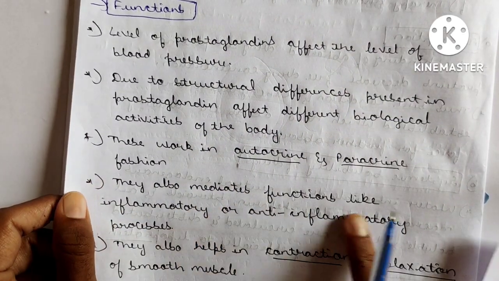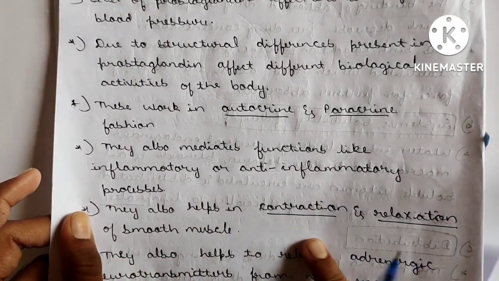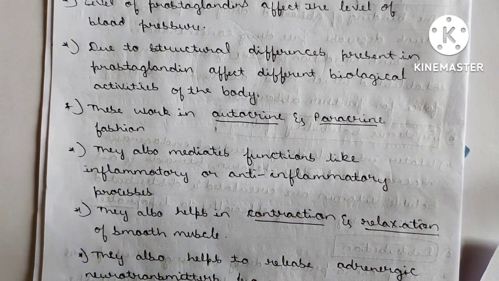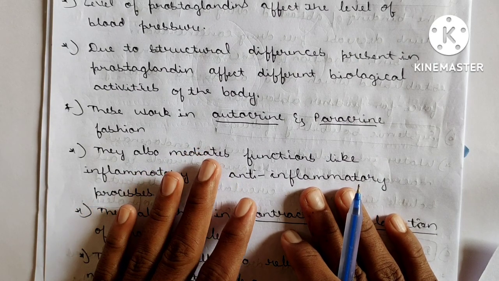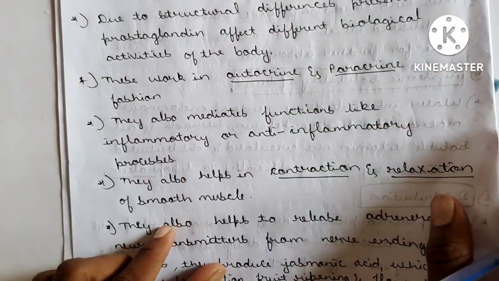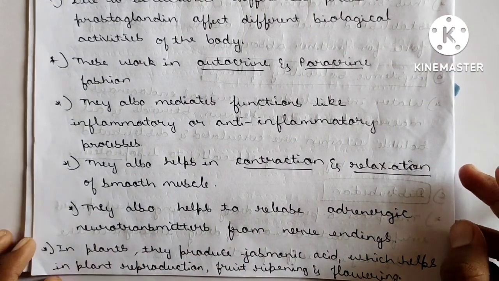Then they also mediate functions like inflammatory and anti-inflammatory processes. They also help in contraction and relaxation of smooth muscle, and prostaglandins play a vital role in menstruation and in the birth of a baby. They also help to release adrenergic neurotransmitters from the nerve endings.